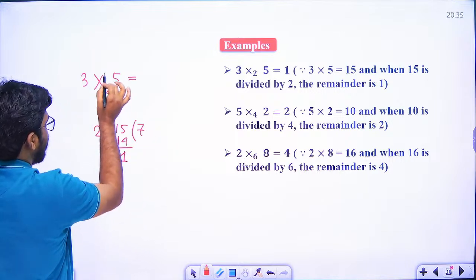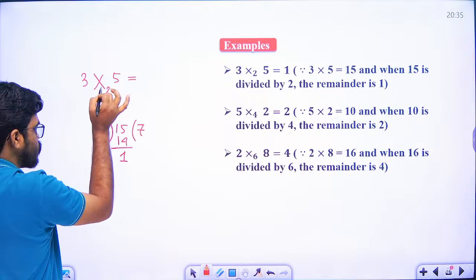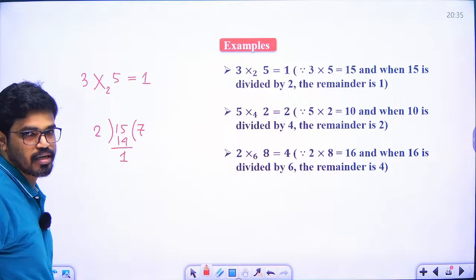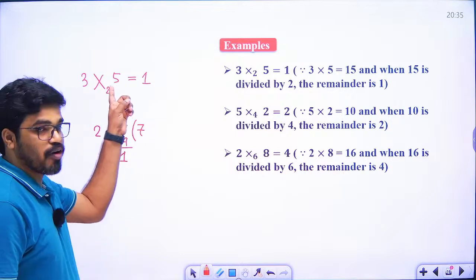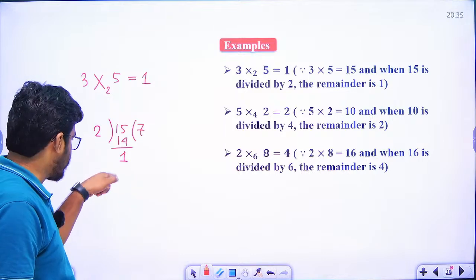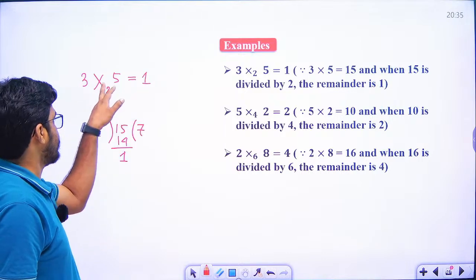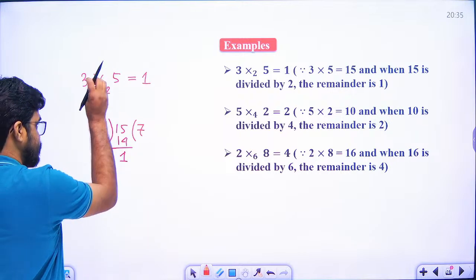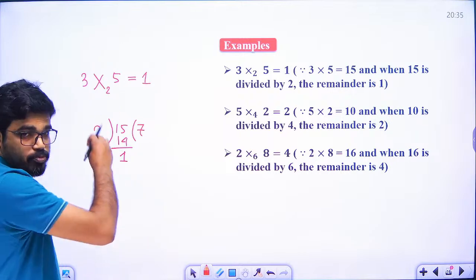So 3 multiplication modulo 2 with 5 will be 1. Clear? 3 into 5 is 15, divide 15 by 2, and the remainder is 1. So 3 into 5 is 1. Clear? So 2 is the fixed positive integer.